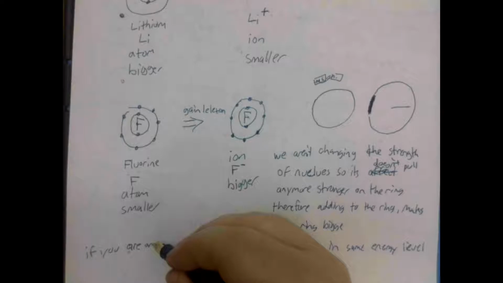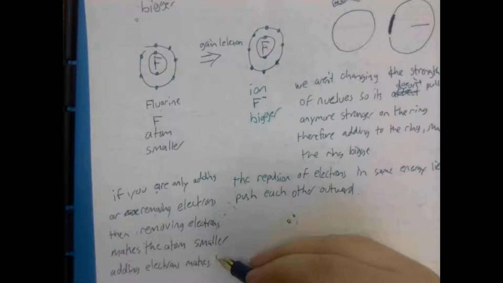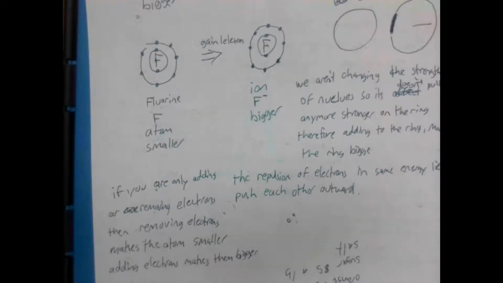Adding electrons makes them bigger. It's very clear that removing a whole energy level is going to make it smaller. And you can think about that. The reverse has to be the opposite. If removing them makes them smaller, then the reverse has to be the opposite.